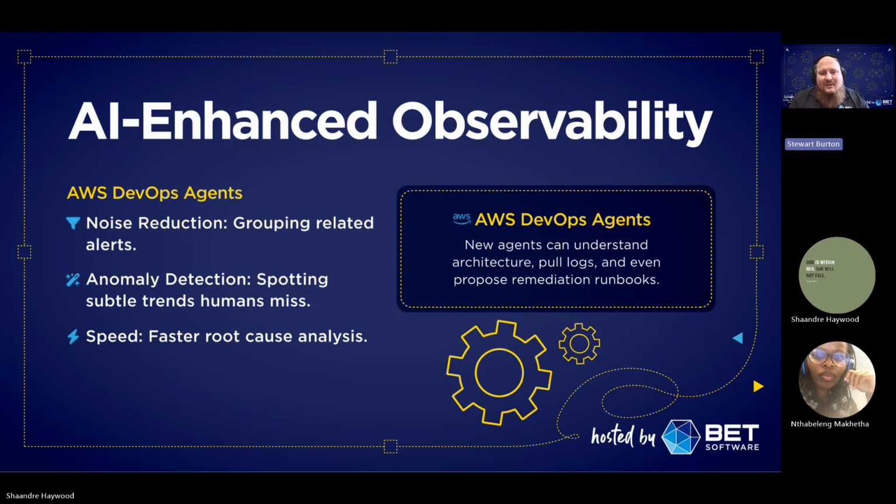So AI and DevOps agents: cloud providers, most of them, have started embedding AI more deeply into their own tooling. On the AWS side, we're seeing coding assistants that help generate and refactor application code, security agents that review and design code for vulnerabilities, and DevOps-focused agents that connect to observability data, configuration, as well as playbooks and runbooks. These DevOps agents aim to understand your architecture as well as your dependencies.